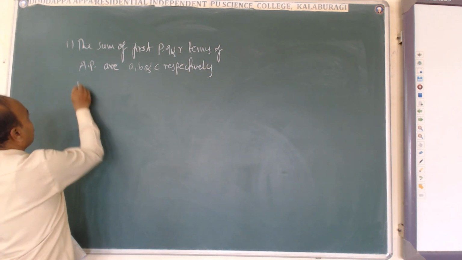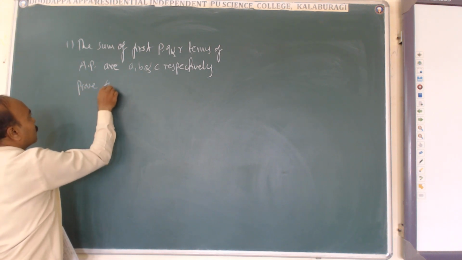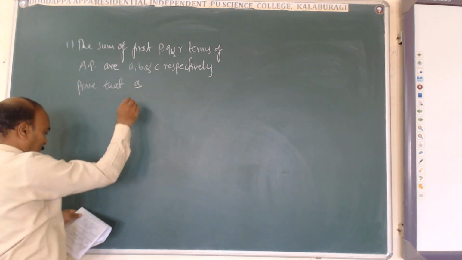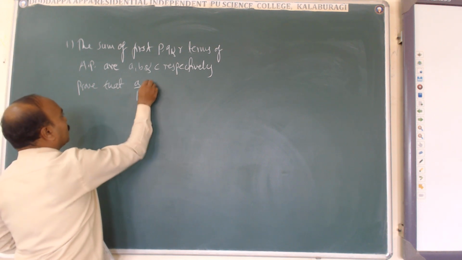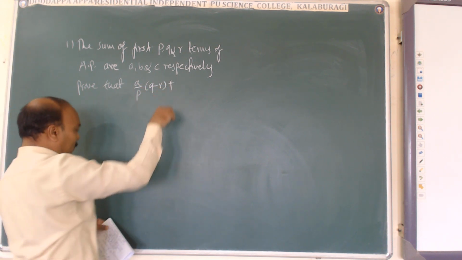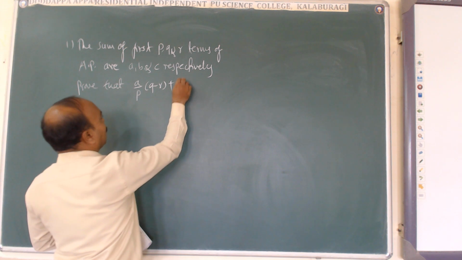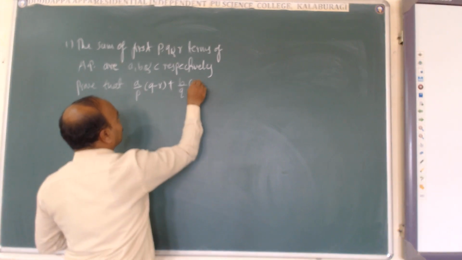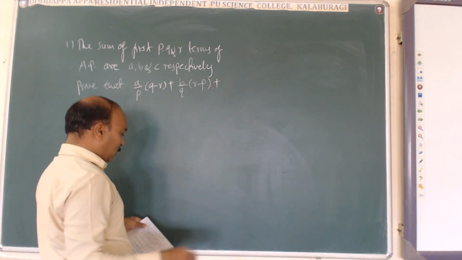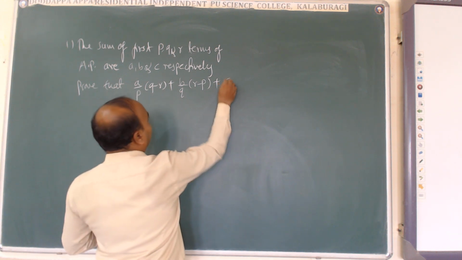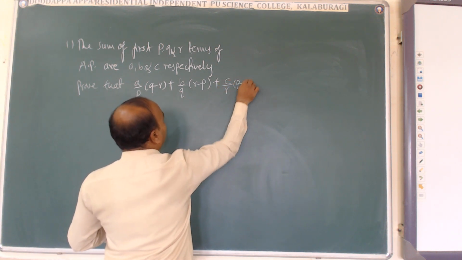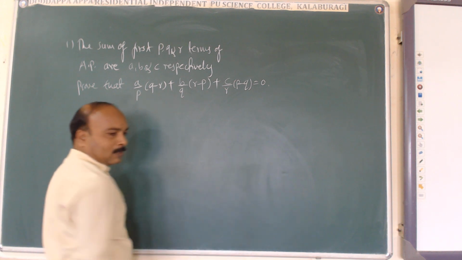Prove that A by P into (Q minus R) plus B by Q into (R minus P) plus C by R into (P minus Q) equals 0. This is the question.